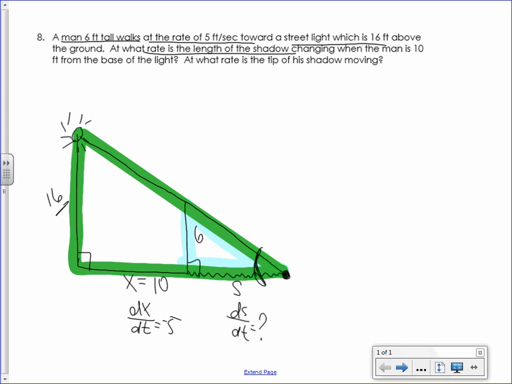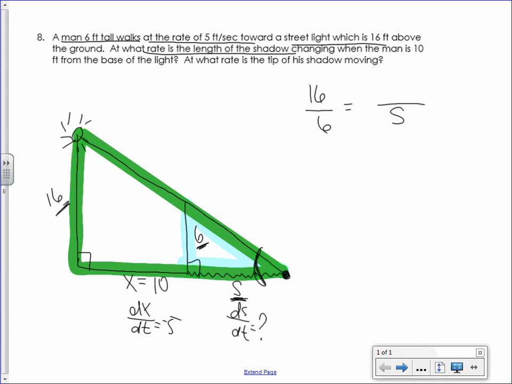I've got the height of my big triangle, and that's 16. And I have the height of my baby triangle, that's 6. Now, I know absolutely nothing about the hypotenuse of the big triangle or the small triangle. But I do know that the base of the baby triangle is S. That's my shadow.